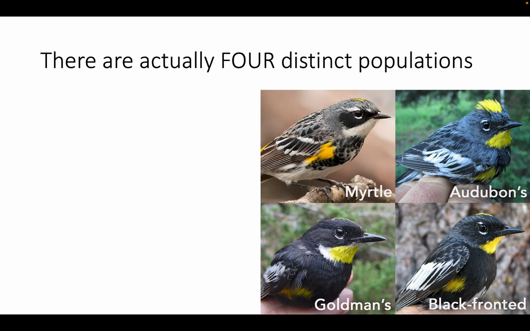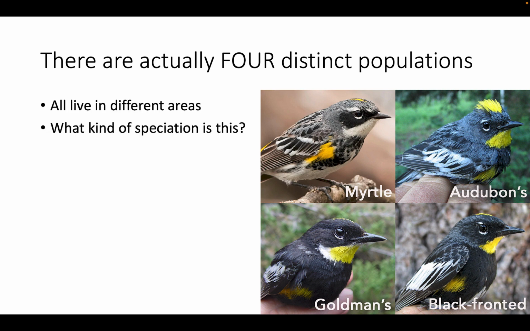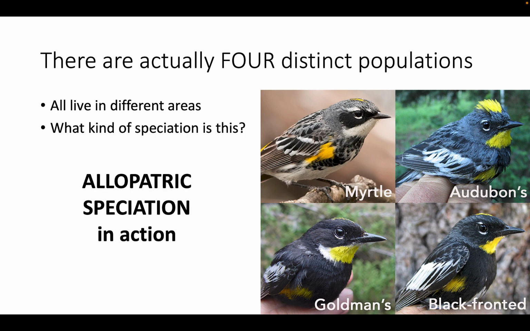There are four distinct populations here: the myrtle and Audubon's that are found in the United States and Canada, the black-fronted found in Mexico, and Goldman's found in Guatemala. And they all live in different areas, so you can think about what kind of speciation could be occurring in these. And remember, different areas means allopatric speciation.